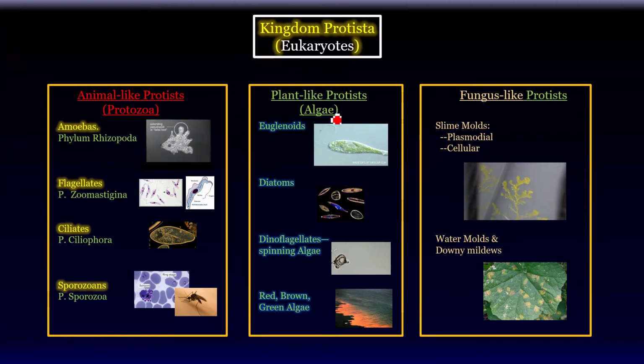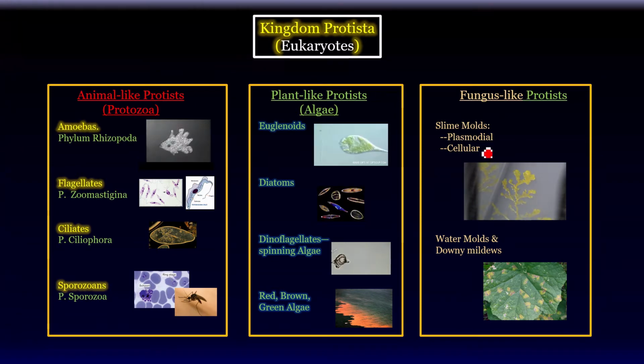The characteristic of plant-like protists, as you can imagine, is that they are photosynthetic. That's their defining characteristic, but they have many features that are very much unlike plants, so therefore they're categorized in a separate category. The evolutionary origin of present-day plants, in fact, is thought to be related to photosynthetic protists.